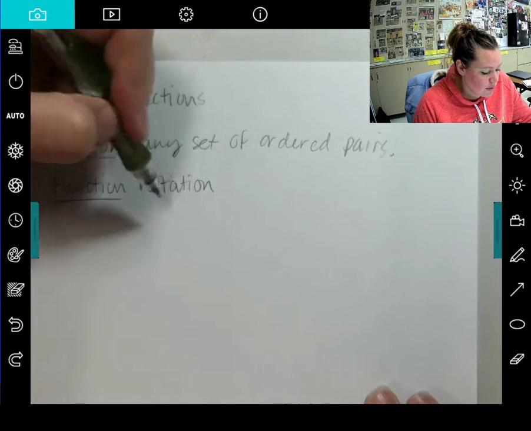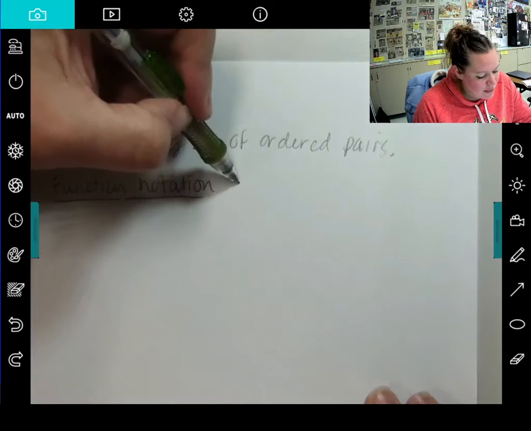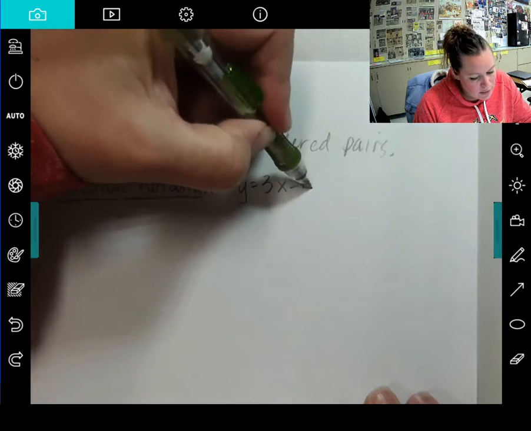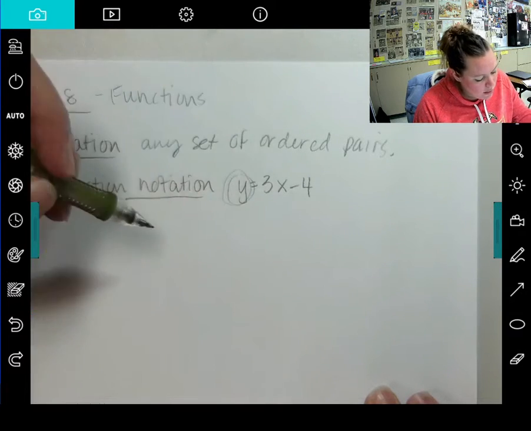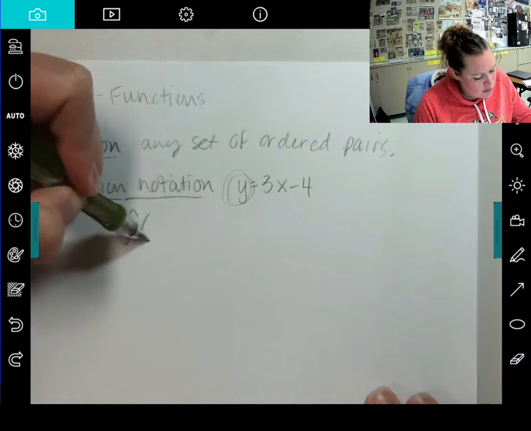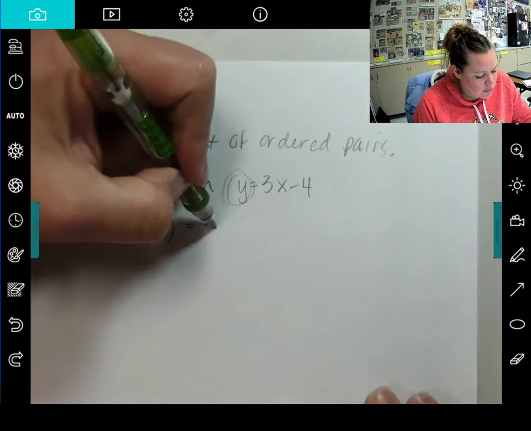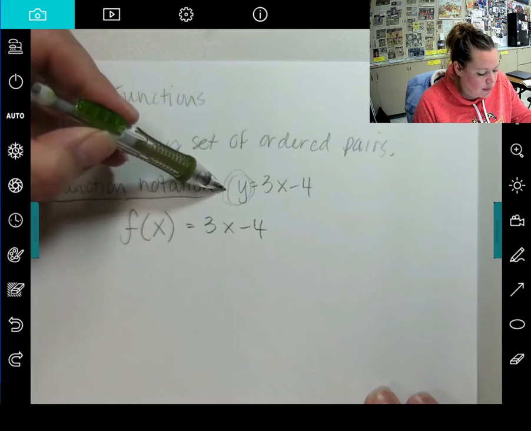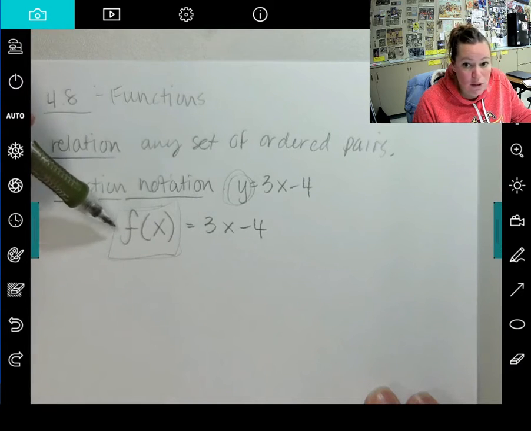Function notation would say that we take our linear equation y equals 3x minus 4 and we switch this y with our function notation. So f of x equals 3x minus 4. We're just replacing the y with this, and this is our function notation.